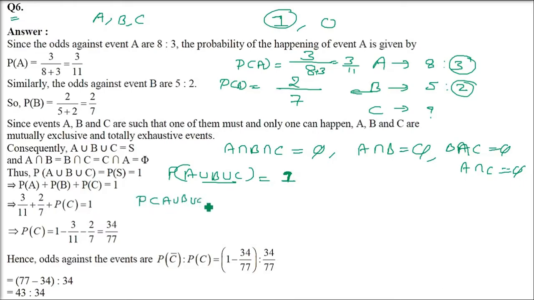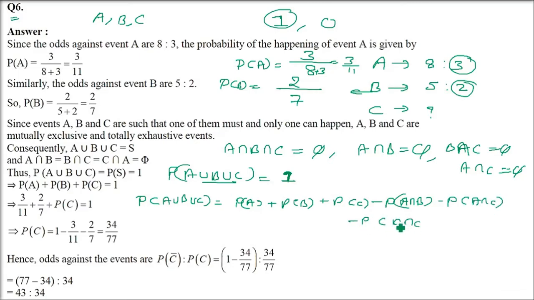P(A union B union C) equals PA plus PB plus PC minus P(A intersection B) minus P(A intersection C) minus P(B intersection C) plus P(A intersection B intersection C). So remember this? These 3 are 0 and this one is also 0.